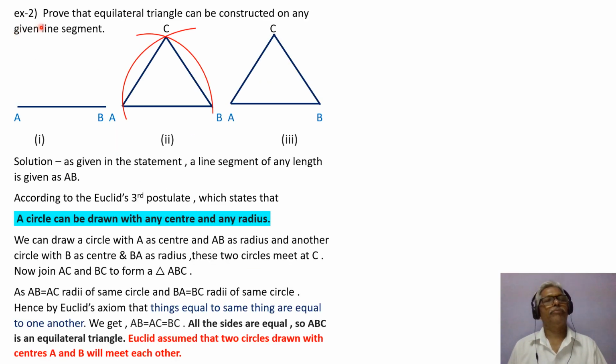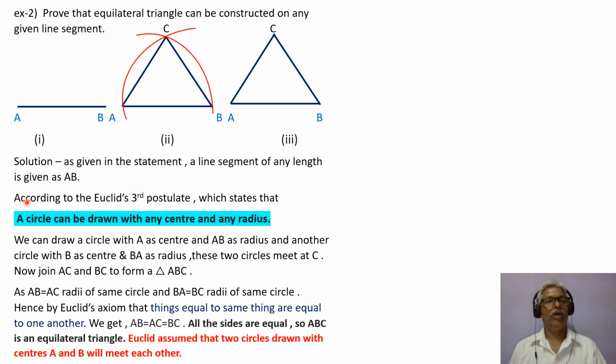Second example: prove that an equilateral triangle can be constructed on any given line segment. This is the segment given, AB. So you will see in the solution. As given in the statement, a line segment of any length is given as AB.